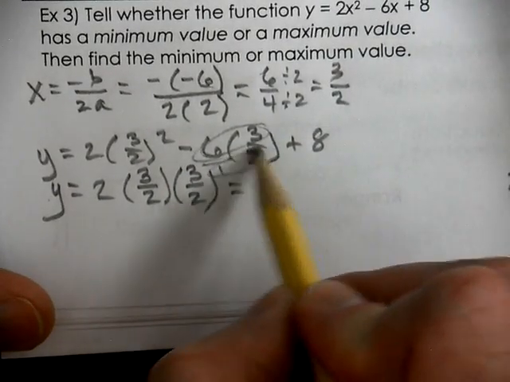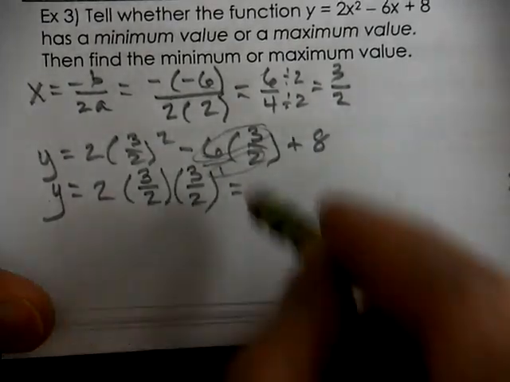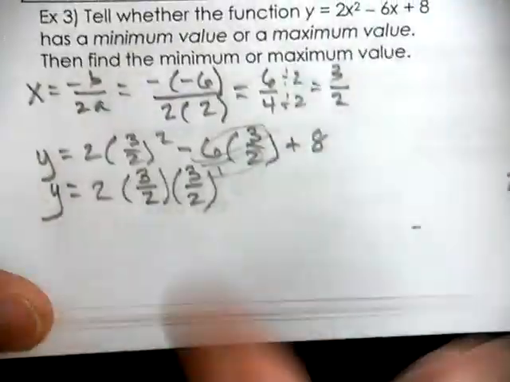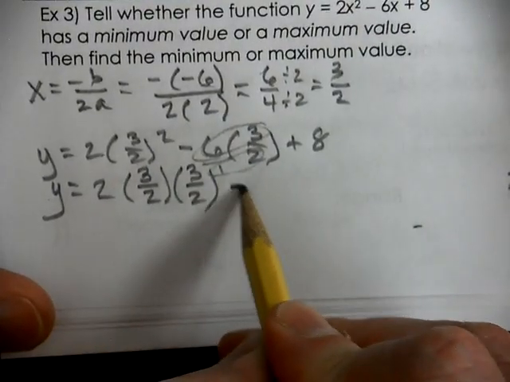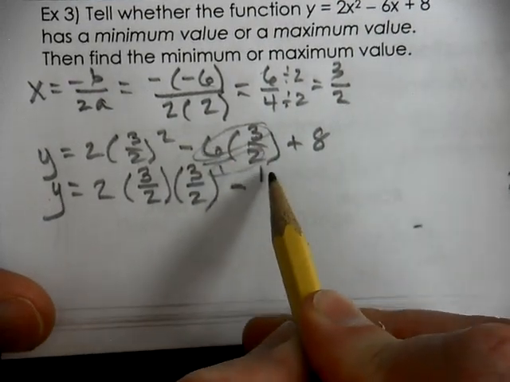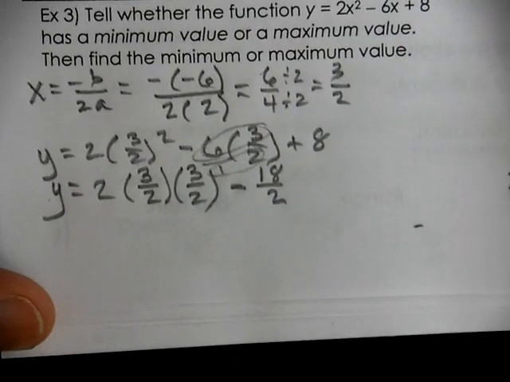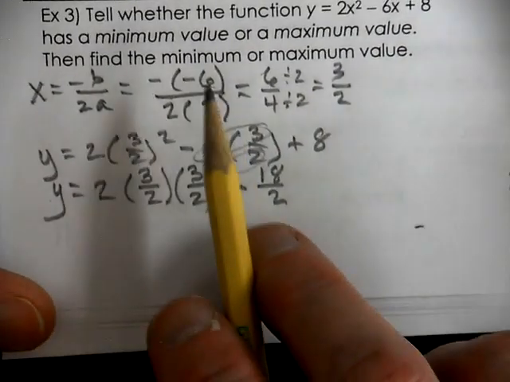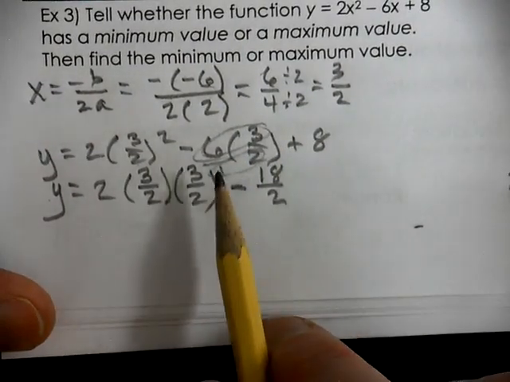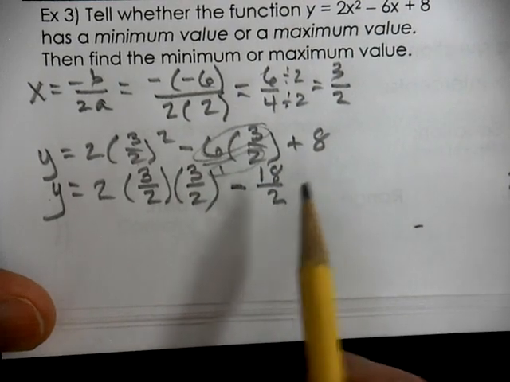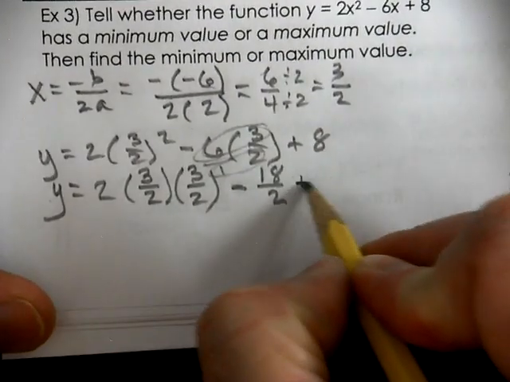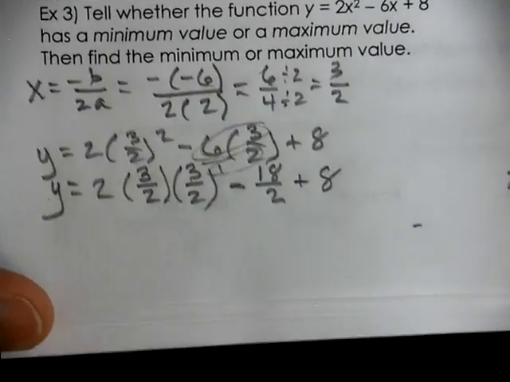We're going to multiply the bottom numbers. It's not an equal sign, sorry. That is minus 18 over 2. 6 times 3 is 18. 1 times 2 is 2. Notice there were no common denominators. We don't need to do that here.